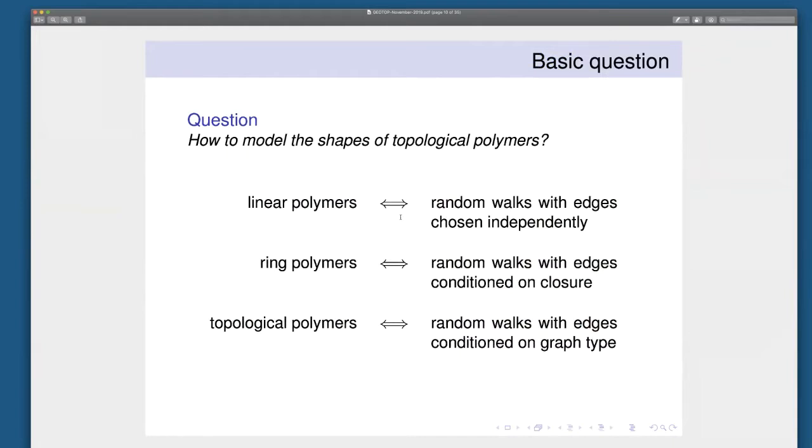Now, of course, if you have a more complicated graph, a ladder graph or a complete graph on 4 vertices, the tetrahedron, then you have several different loops, and some edges are part of more than one loop. So the question really is, how do you enforce several closure conditions at the same time?